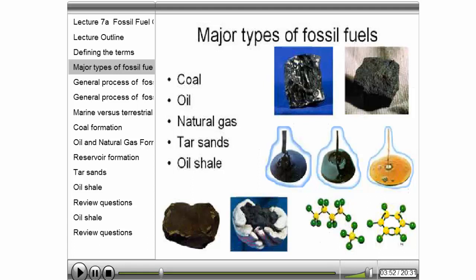And then oil shale is a form of rock, shale, which is a consolidated rock, that has oil embedded in the matrix or the pore space between the grains of the rock itself. So there are a variety of different types, and there are different properties, which give rise to different uses and different consequences, depending on the type of material it is.